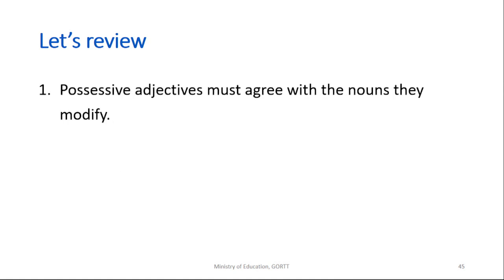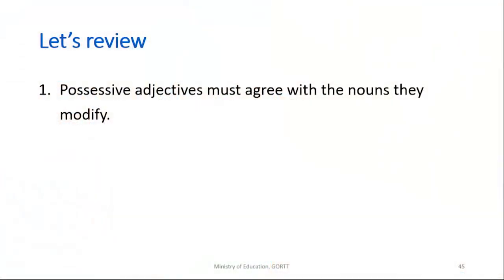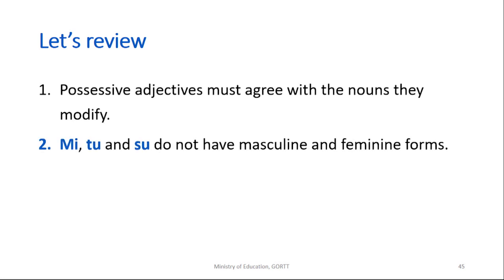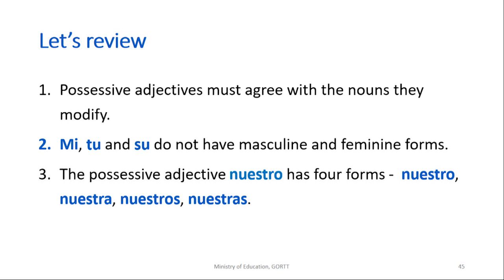Now, let's review. I want to make sure that you're understanding what we are doing so far. Possessive adjectives must agree with the nouns that they modify. Mi, tu, and su do not have masculine and feminine forms. The possessive adjective nuestro has 4 forms, and we remember that they are nuestro, nuestra, nuestros, and nuestras.